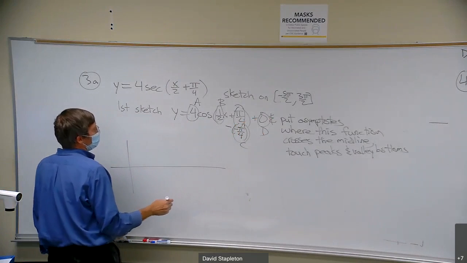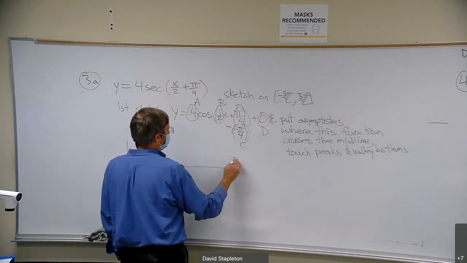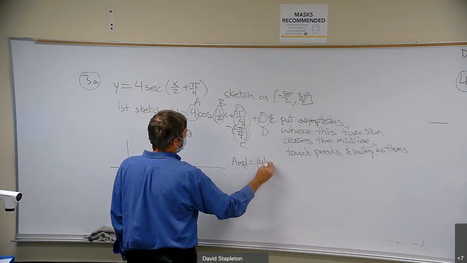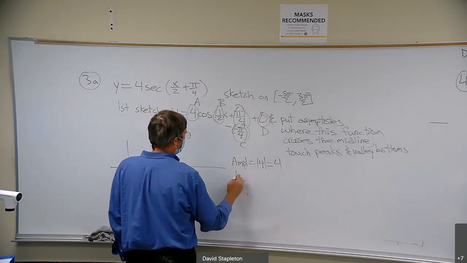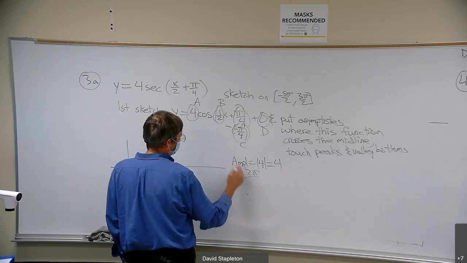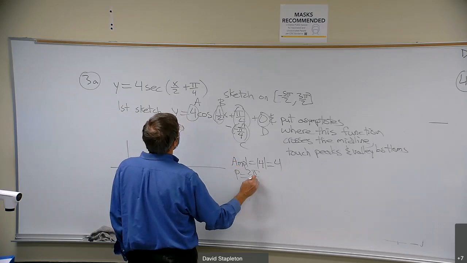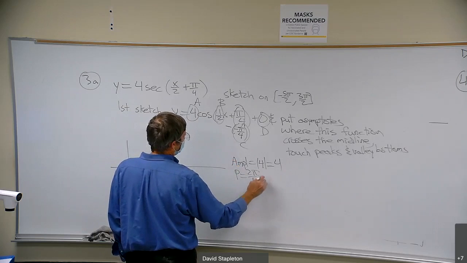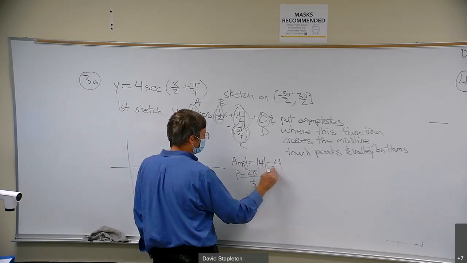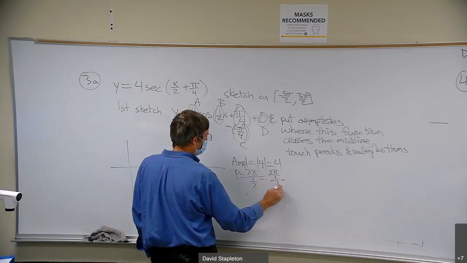And you just use the 5 things we did before. We'll say the amplitude is absolute value of A, which is 4. Period is 2 pi over B since it's a cosine, 2 pi over 1/2, right? And the 2's don't cancel, you be careful here. This is 2 pi over 1 over 1/2.